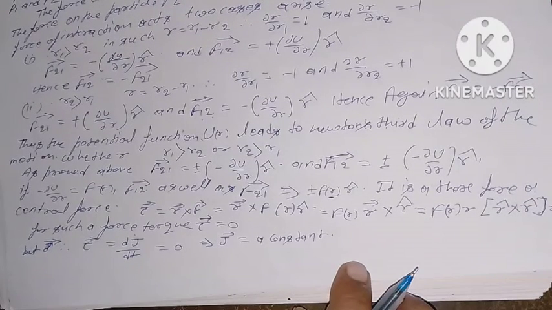Thus the rotational invariance, or isotropy of space, means that there is a central force between the two particles interacting with each other.